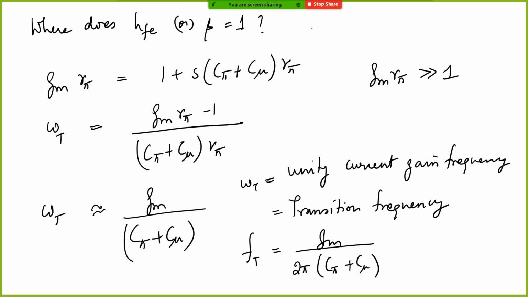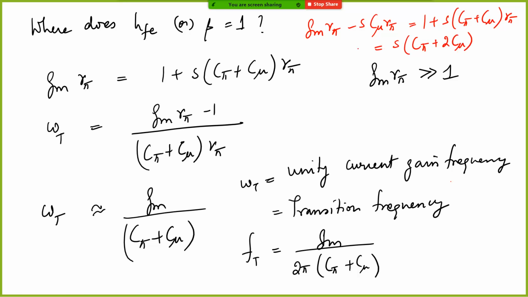It becomes Gm R pi minus S C mu R pi is equal to 1 plus S times C pi plus C mu into R pi. 1 by R pi is much smaller, so you can get rid of R pi throughout, and what you basically get is S times C pi plus 2 C mu is equal to Gm. So omega t can be written as Gm by C pi plus 2 times C mu.